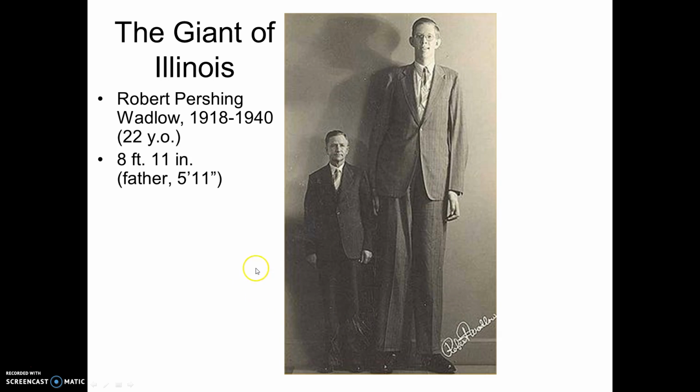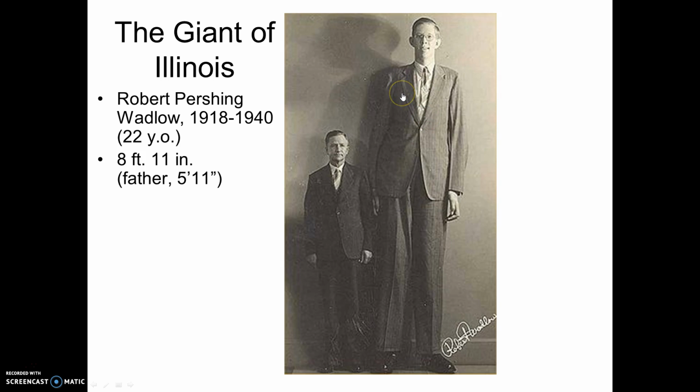8'11" was his height. His father, by comparison, here on the left, is 5'11", sort of a more typical height for our generations. And so giantism was his condition, and is caused by an enlarged pituitary gland, which is producing an overabundance of growth hormone.